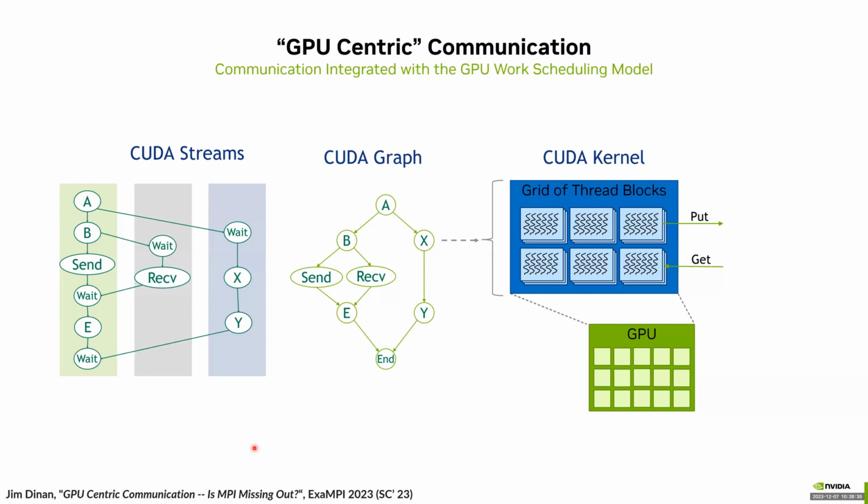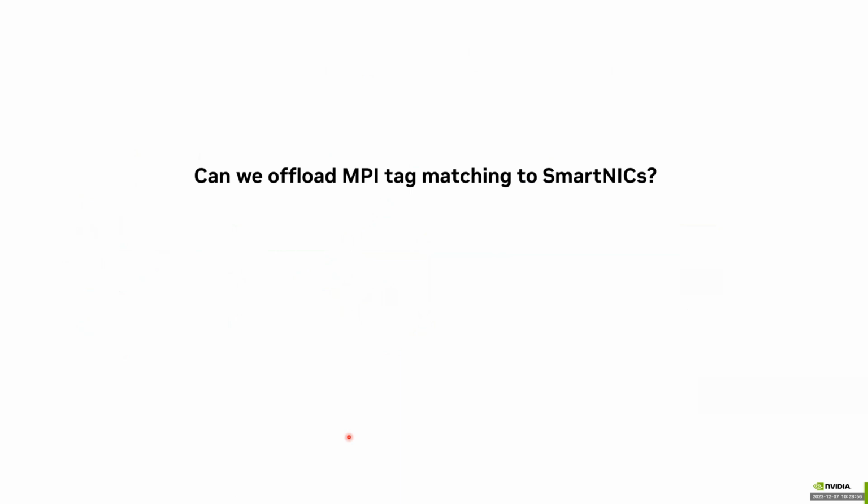One of these components is exactly MPI tag matching and the handling of unexpected messages, which forces the presence of a proxy process on the CPU, on the data path. Because you receive a message, then you need to match it, and then you can actually signal the GPU that the message arrived. So the question is, can we offload MPI tag matching to smart NICs?